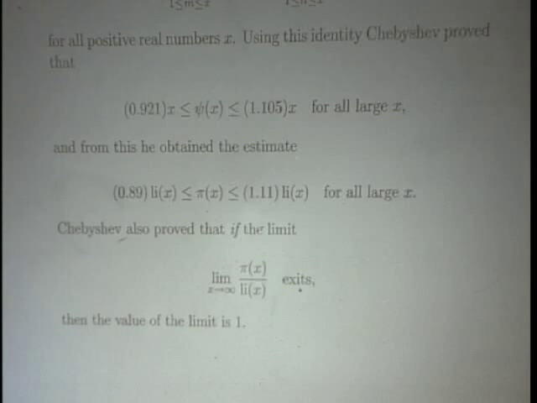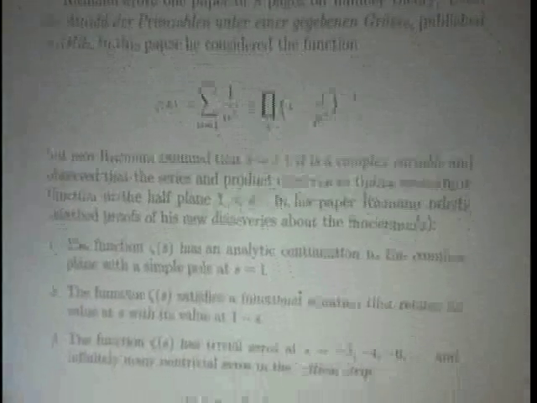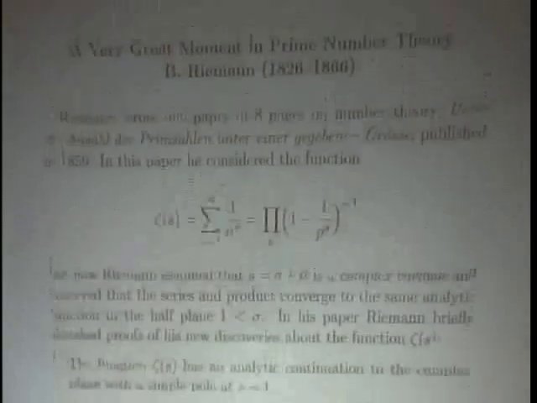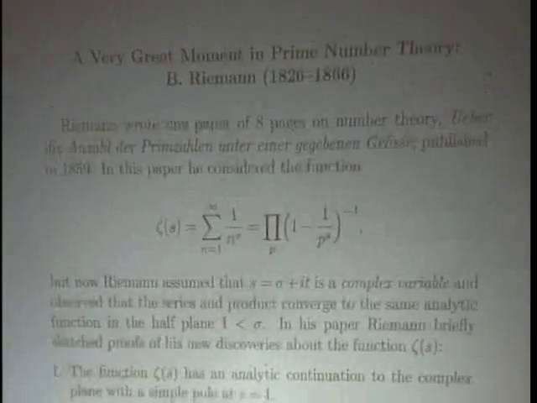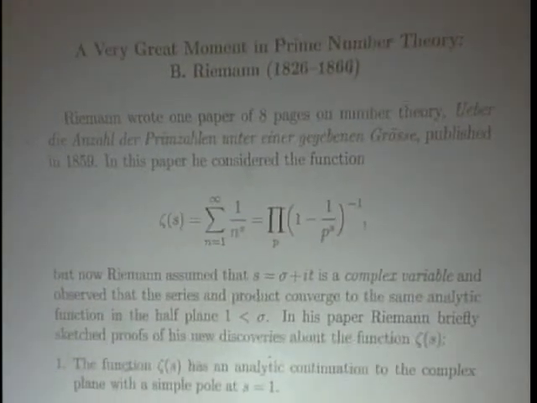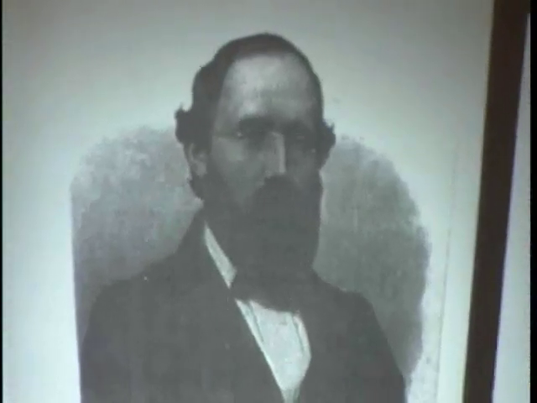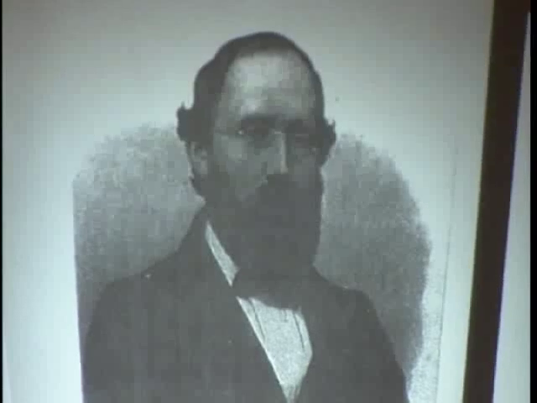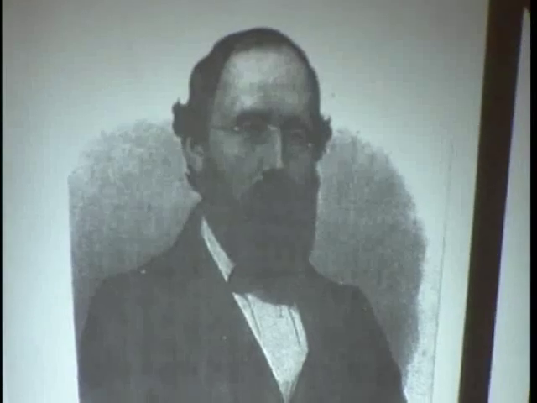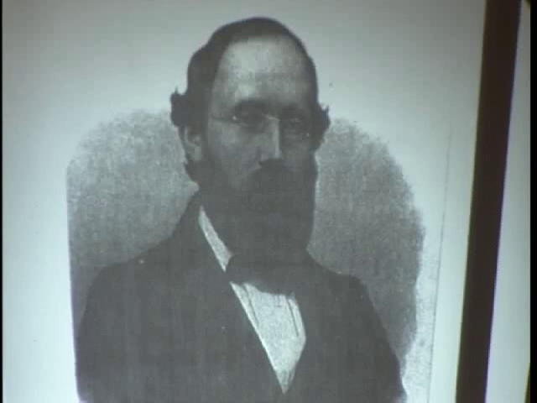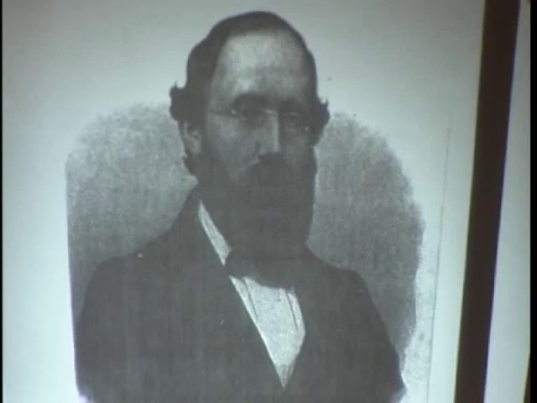Okay, now we come sort of closer to the main objective here. And let me let Chebyshev give way to Riemann. So Riemann had the excellent idea to reconsider Euler's basic formula.